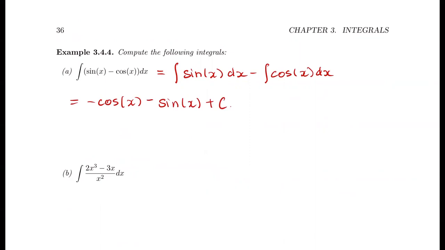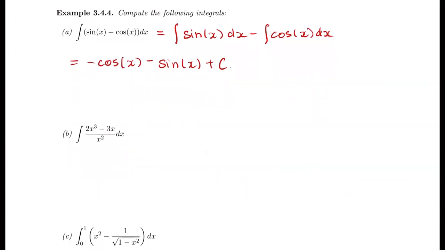Not too bad. As for the second one, it's important to realize that sometimes it's easier to break up the integral into its individual fractions. I could break the numerator up into this fraction, and for the second fraction, I have this one here.